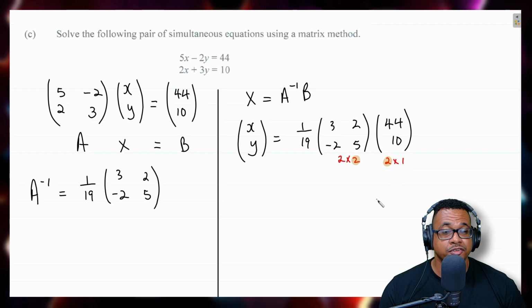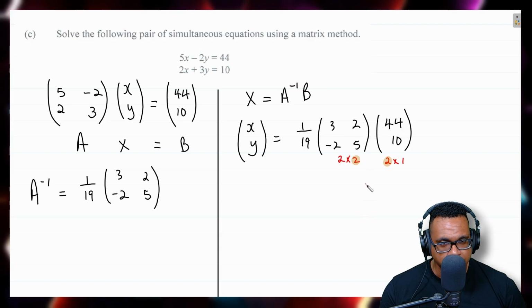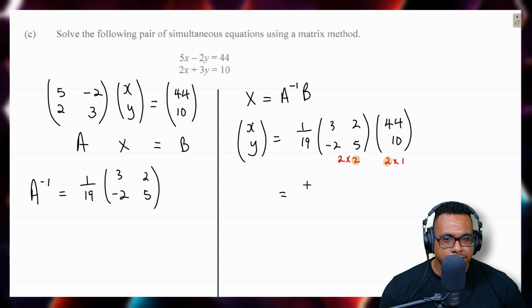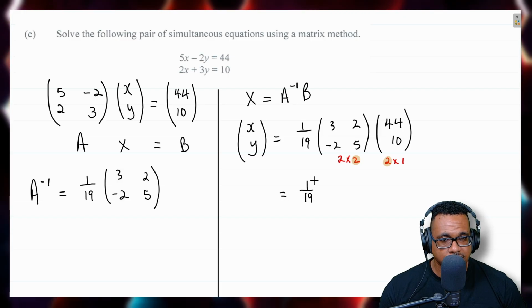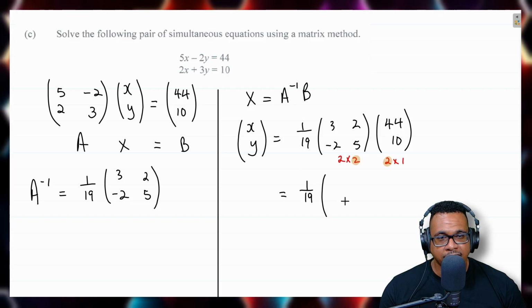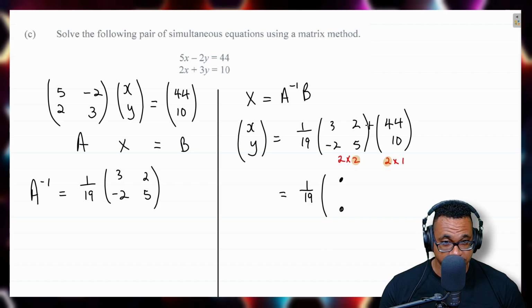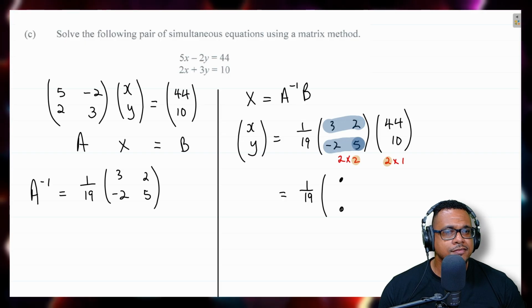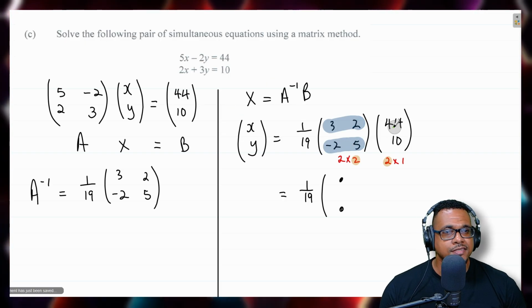You'll get a 2 by 1 matrix, which is 2 rows, 1 column, a column matrix. So you're going to have 1 over 19, our scalar on the outside. And the answer is just going to have one number here and one number below it when you multiply these two matrices. So let's highlight the rows in the first matrix times the columns in the second matrix.